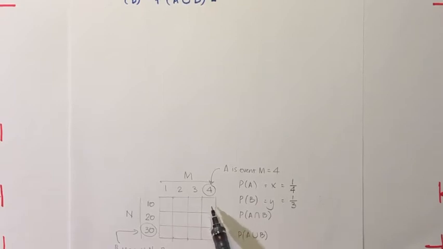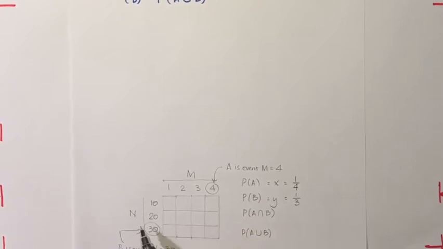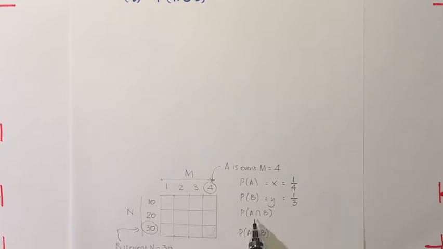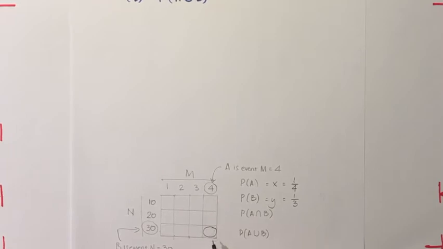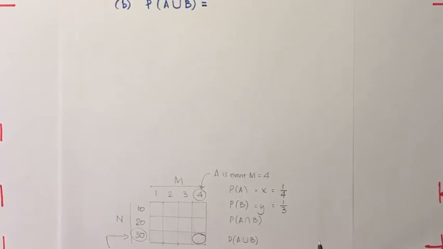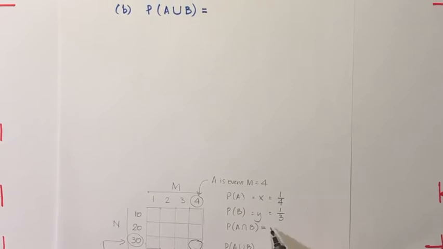So the probability of A happening, which is 1/4, is these 3 boxes out of 12, which is 1/4, and the probability of N is 1/3, which is 4 boxes out of 12, which is 1/3. The probability of A intersection B means the probability of M choosing 4 and N choosing 30, which is basically this little box here. And of course, we can see that the probability is obviously 1 out of 12.